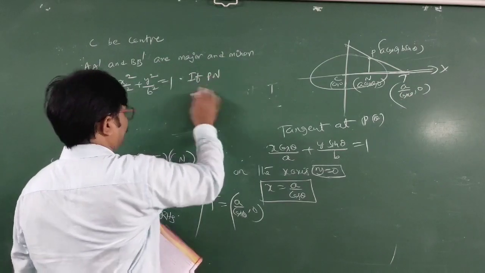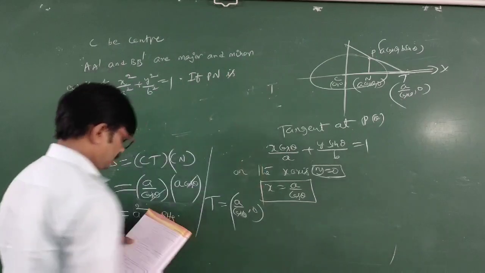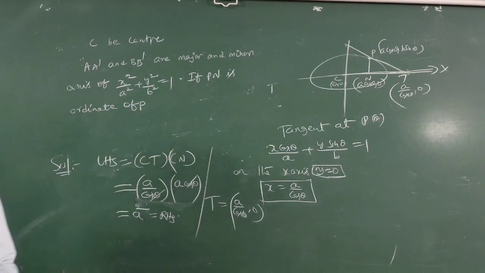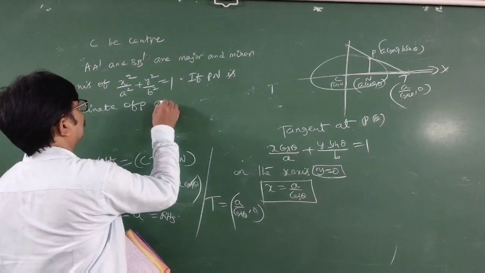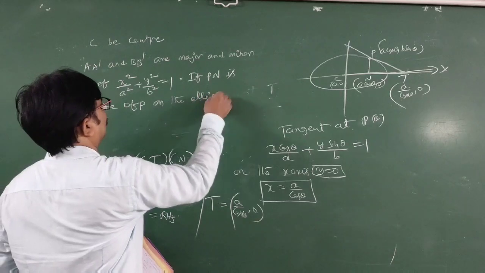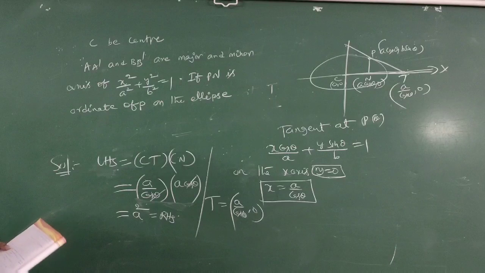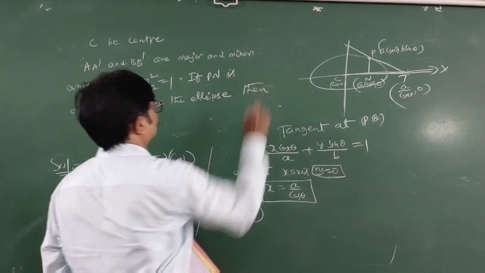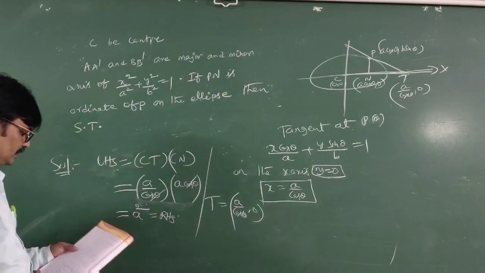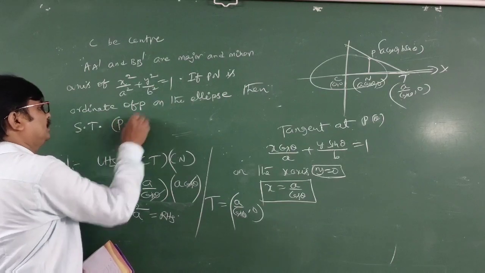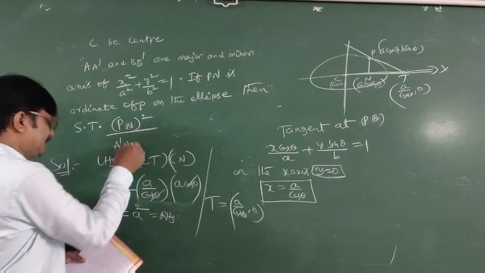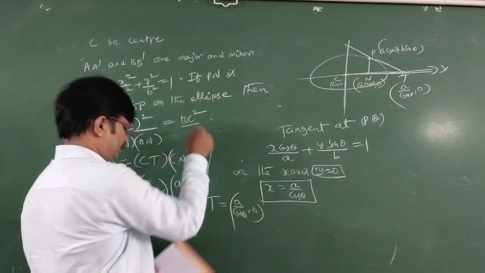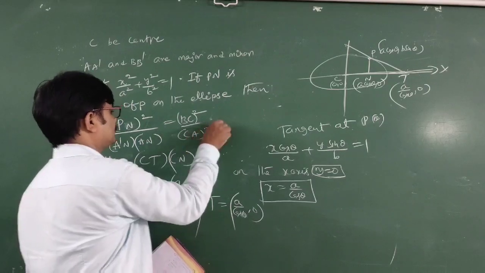If Pn is the ordinate of P on the ellipse, then show that Pn square upon A dash n into An is BC square by CA square.